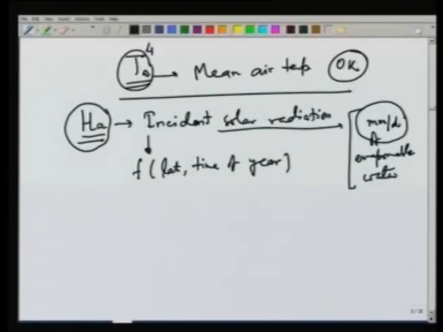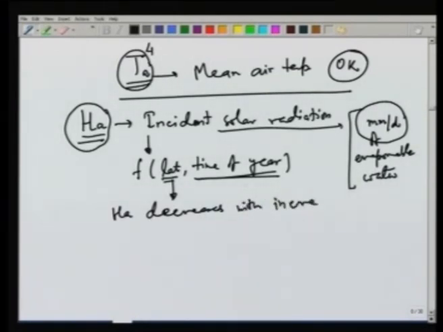that is H A. Function of latitude and time of year, as we have discussed already, H A decreases with increase in latitude. So, at 0 degree it will have a higher value, then 10 degree north, 20 degree north it will have a lower value.